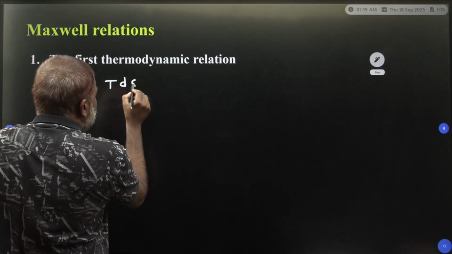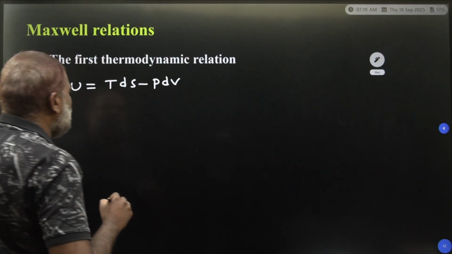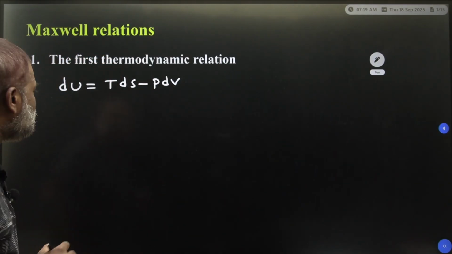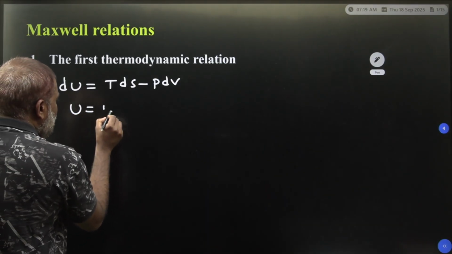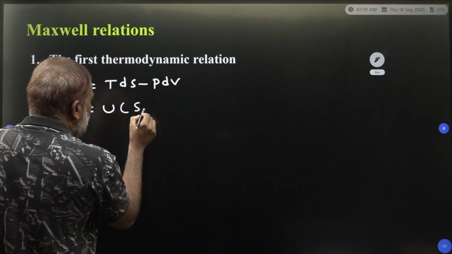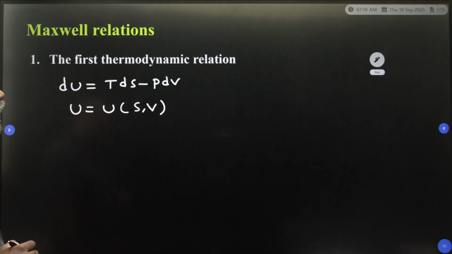Yesterday we discussed this one, TdS minus PdV. So this is the first thermodynamic relation. Internal energy is a function of the thermodynamical variables S and V.